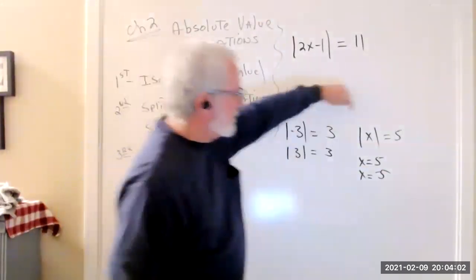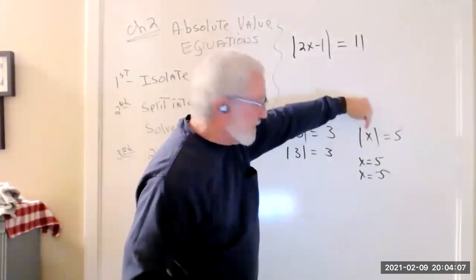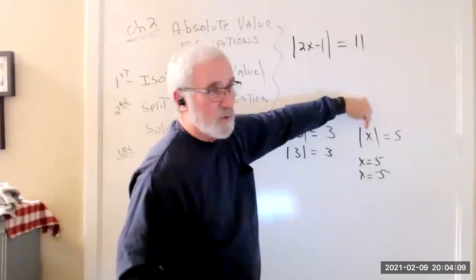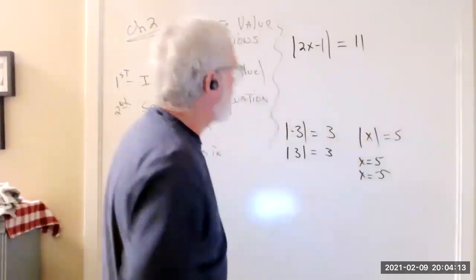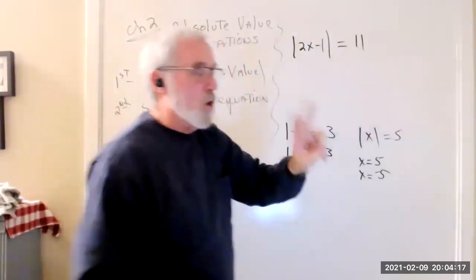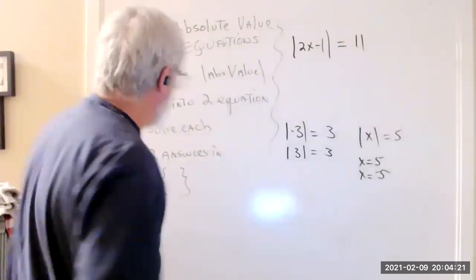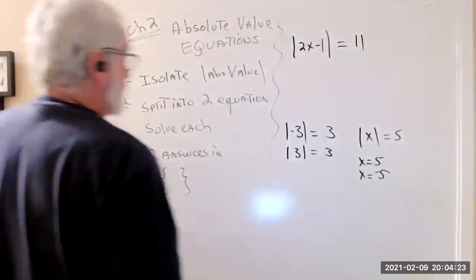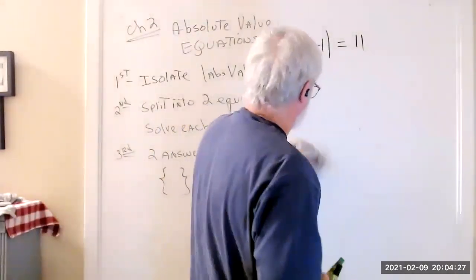All we know is that when the answer to an absolute value is positive, the inside could have been positive or negative. That means when we're solving an absolute value equation, we will always get 2 answers, or 99.9% of the time we'll get 2 answers. So let me show you how we're going to attack this.